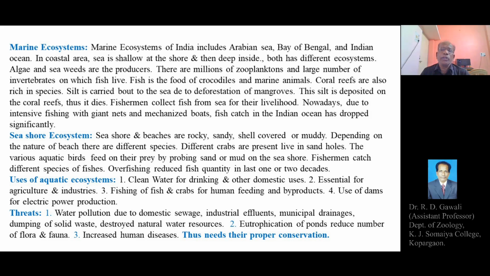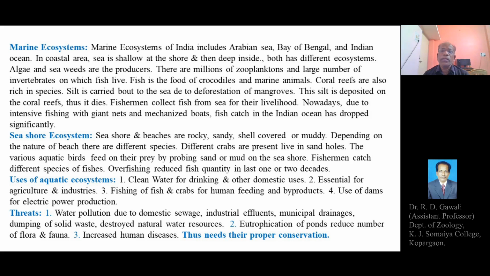So there is a variety of byproducts, maybe fish meal, fish flour, fish guano, fish manure, prawn manure, etc. Several types of byproducts can be obtained from the fishes.